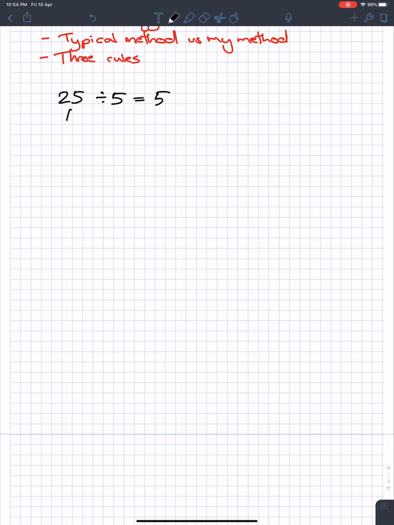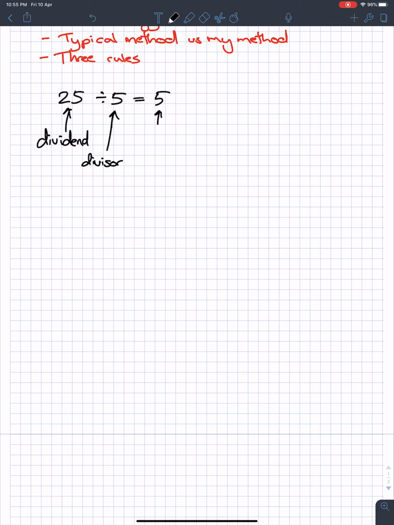Now these numbers have specific names. This number here, 25, is called the dividend. That's the number we're generally trying to see what number goes into. This 5 here is called the divisor, and that's the number we're looking at to see how many times it fits into something.